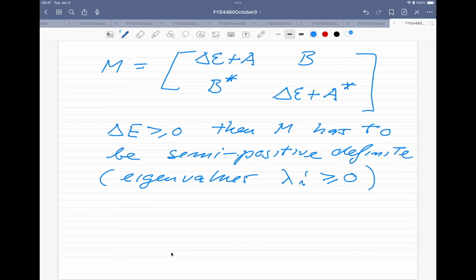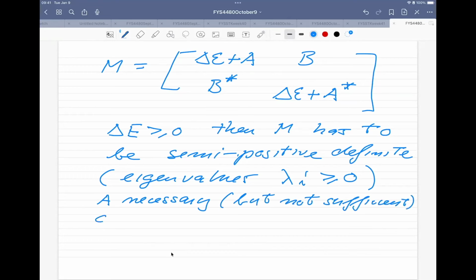But there is a necessary but not sufficient condition which deals with the diagonal matrix elements. By inspecting the diagonal matrix elements, you can already say something about whether this matrix will be semi-positive definite or not.